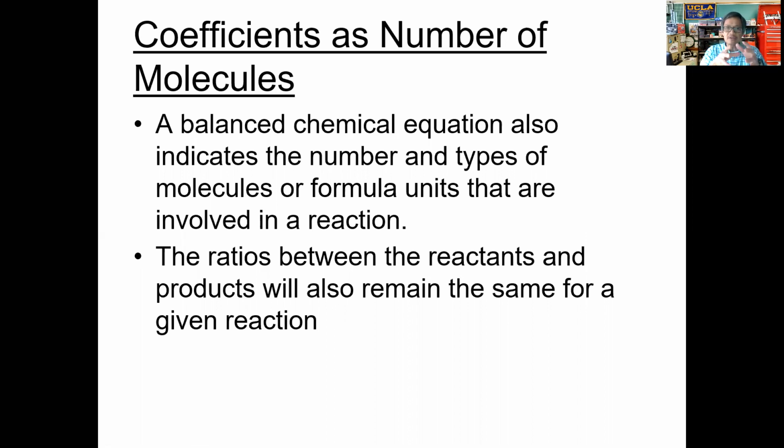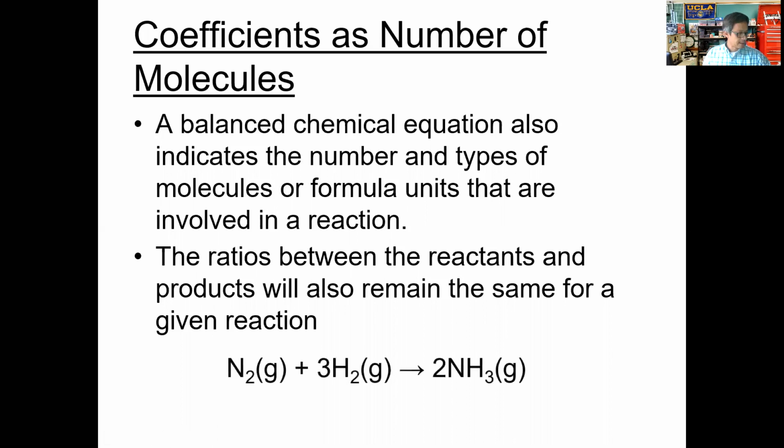And so the ratios between reactants and products, with the number of atoms, should be the same on both sides. Taking advantage of that fact will allow us to do the stoichiometry that we're going to be doing.